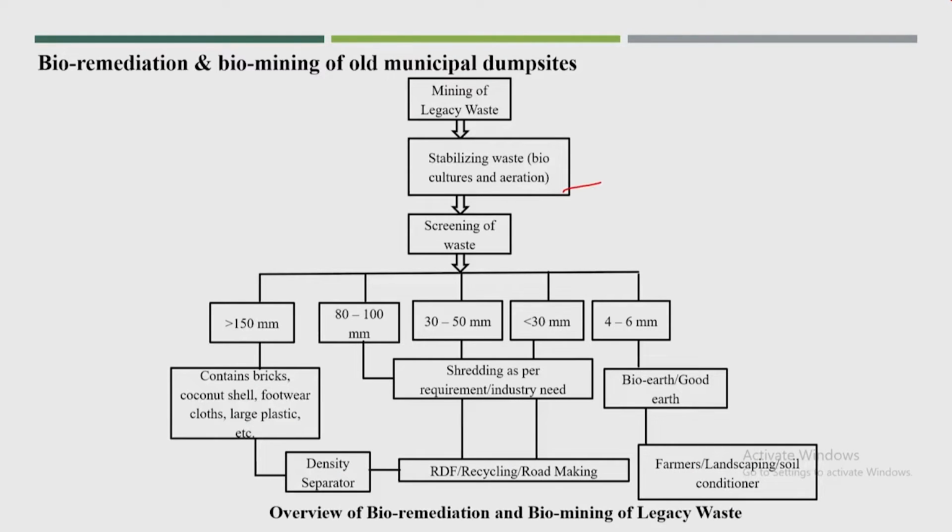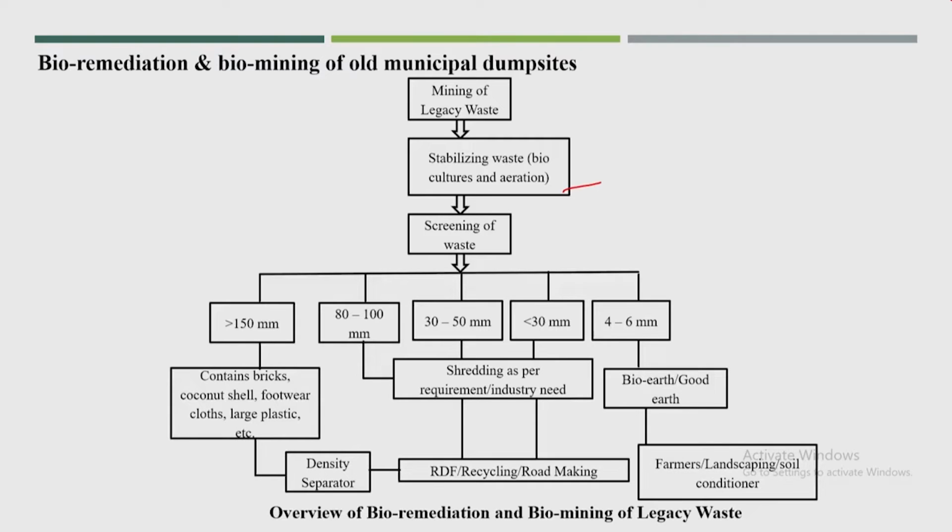Size more than 150 mm will contain bricks, coconut shell, footwear, clothes. Likewise, different sizes will have different kinds of compositions; the 4 to mm size is mostly bio earth, or what we were calling organic fines.